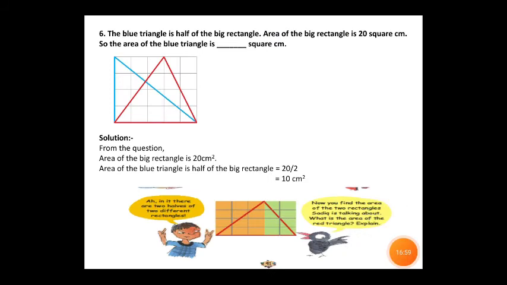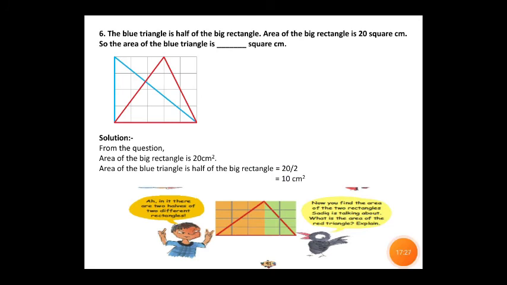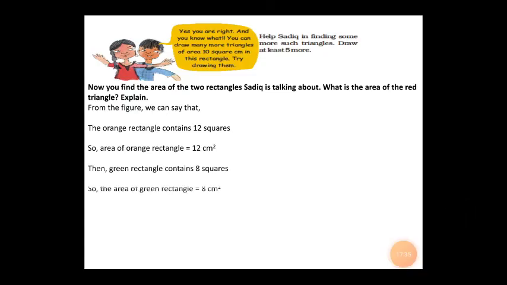Now the area of the orange portion of the triangle. You can see by this figure, what is the area of the orange rectangle? If you count this you will get squares: 1, 2, 3, 4, 5, 6, 7, 8, 9, 10, 11, 12. Area of the orange rectangle is 12 and area of the green rectangle is 1, 2, 3, 4, 5, 6, 7, 8, that is 8. Now the area is divided, the right triangles are drawn here.